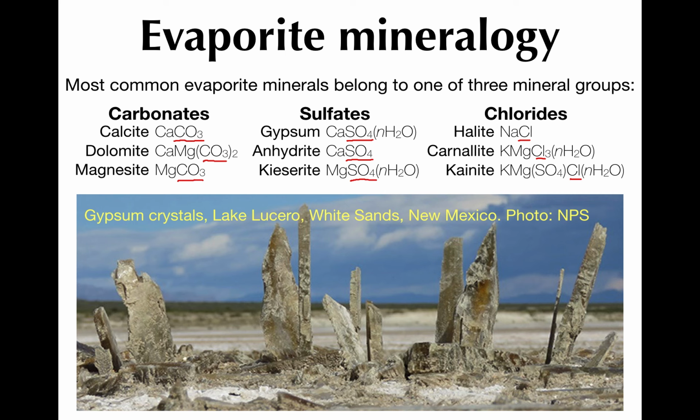This list of 9 evaporite minerals includes the most common ones that precipitate from seawater when it evaporates. So when you evaporate seawater, mostly you're going to get calcite, gypsum, and halite. Those are the 3 most common, and those are the 3 that I'm going to continue to talk about the most.